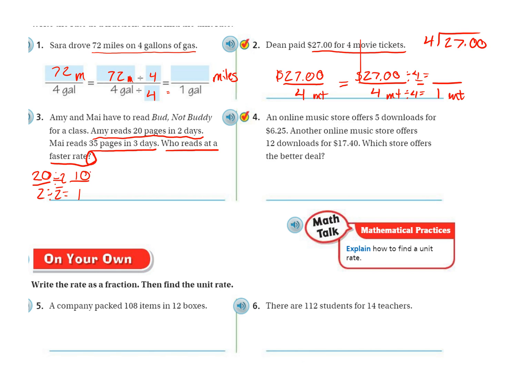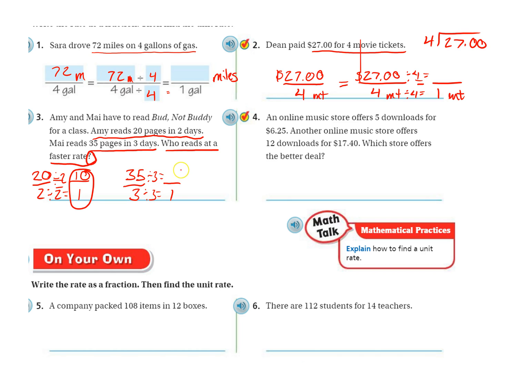So Amy reads 10 pages for every day. And let's see what May does. Pages on top again, days on the bottom. And then I want to get this to 1. So 3 divided by 3 equals 1. If I divide the bottom by 3, I also have to divide the top by 3.